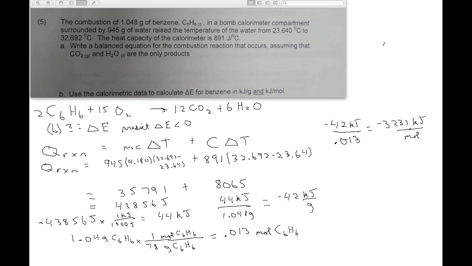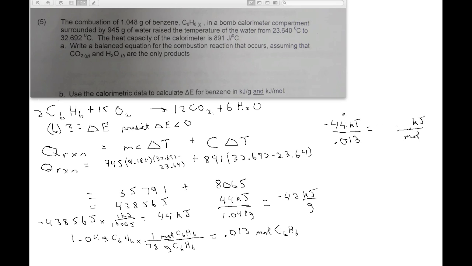So I got negative 3,265. 3,265? Yeah, kilojoules per mole of benzene. Okay, and what calculation did you do to get that? I took negative 43.85 kilojoules and I divided it by 0.01343 moles of benzene. Okay, actually it looks like I made a mistake here.